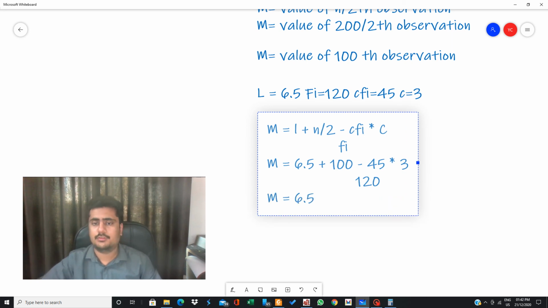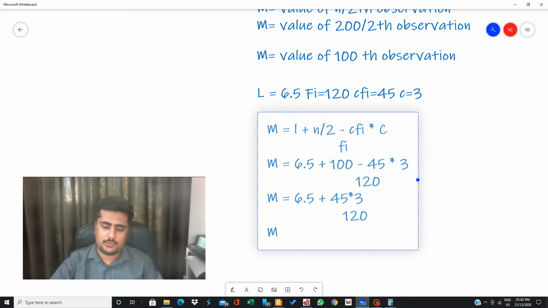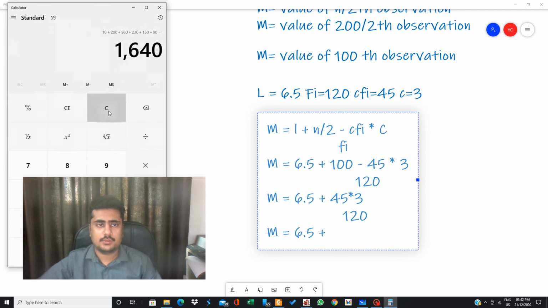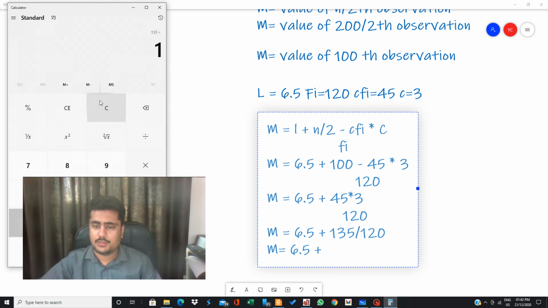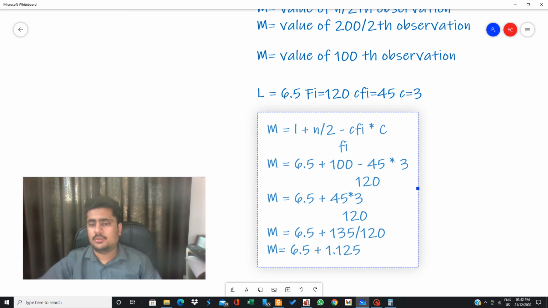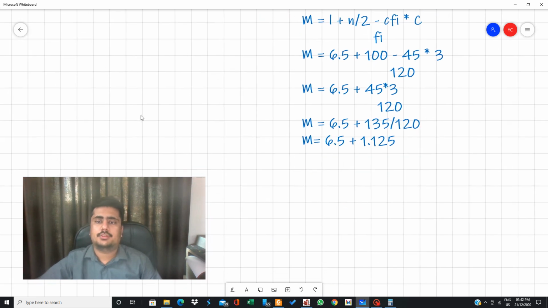So my median is 6.5 plus 45 into 3 upon 120. What is 45 into 3? It is 135. So this is 135 upon 120, that is 1.12.